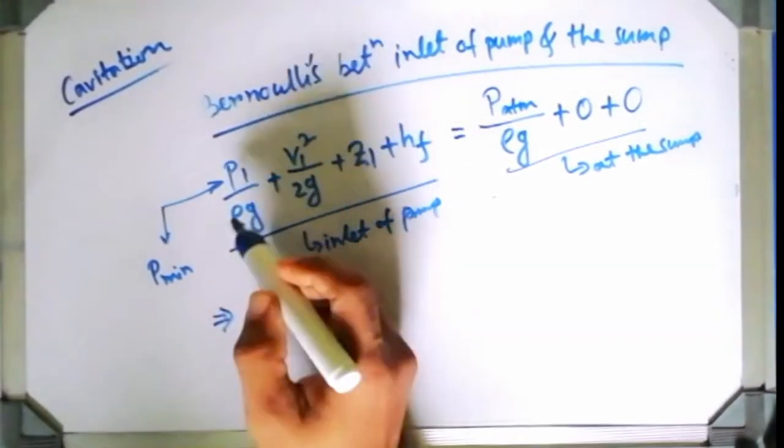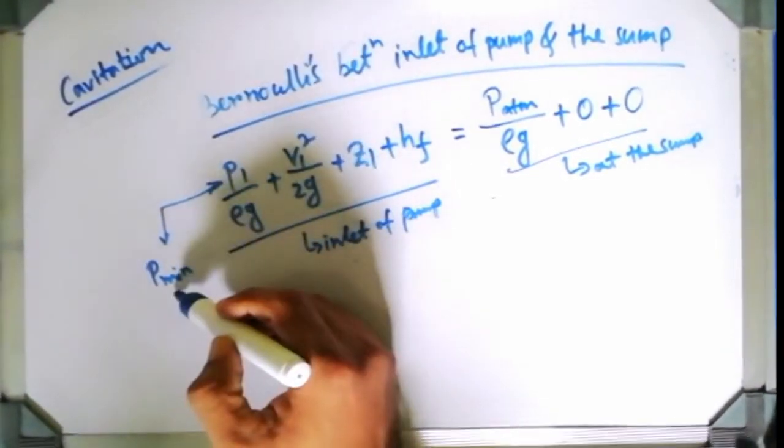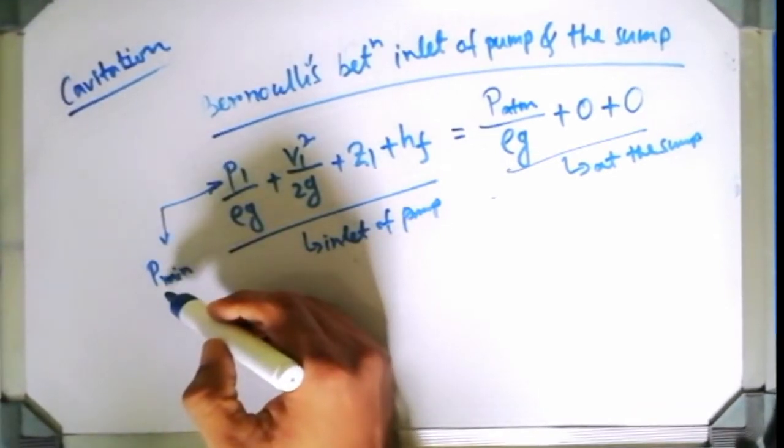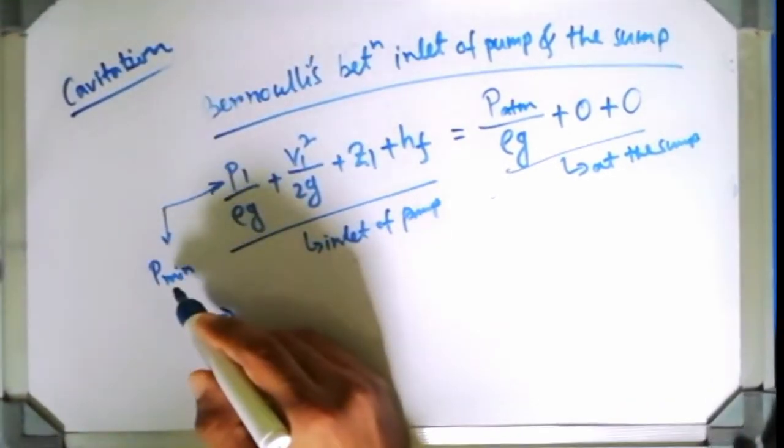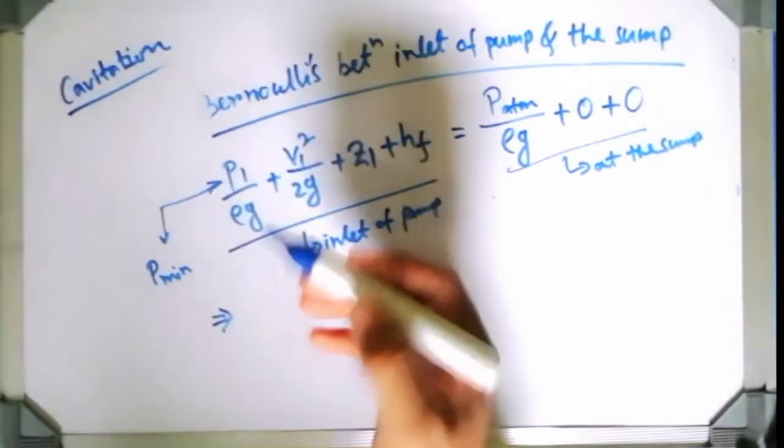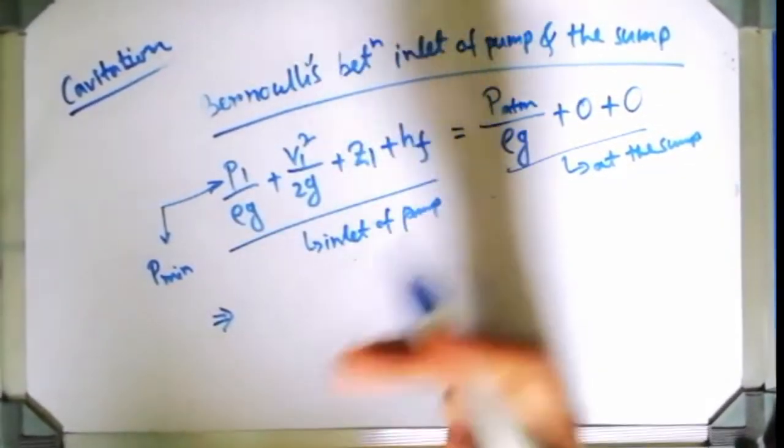Again repeating, I am replacing this P1 by P minimum because I want to find out what will be the minimum pressure at the pump inlet by which we can avoid the cavitation.